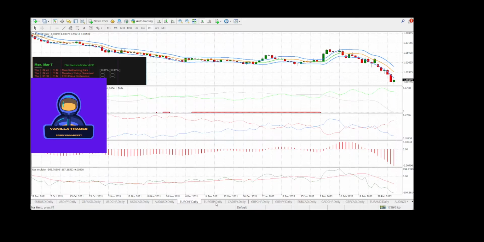Okay, so this is an interesting one here. So let's take a look at CAD JPY. So we see that the vortex indicator gave us a short signal right here. Let's see here, when was this? Well, yesterday. And now we have price below our moving average, so that's a short signal there, and it's above the ATR bands.